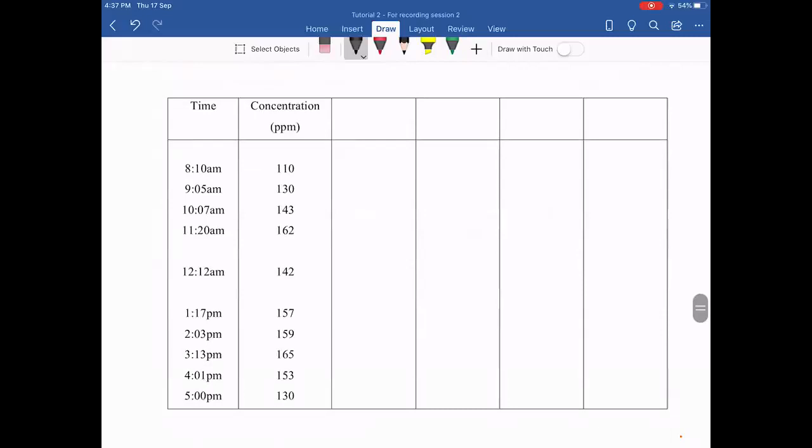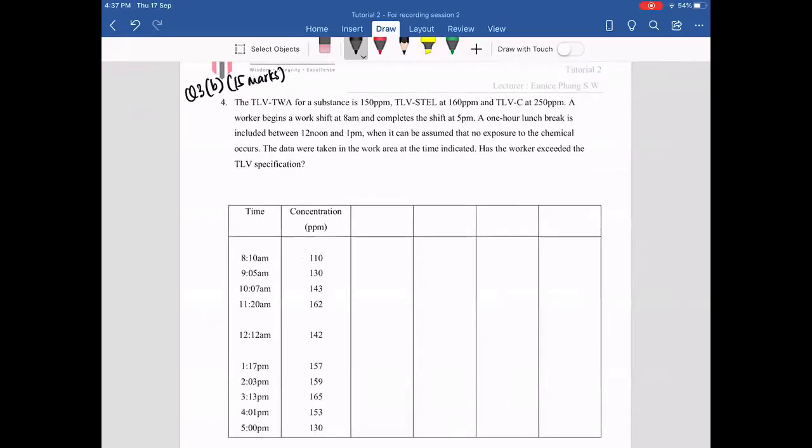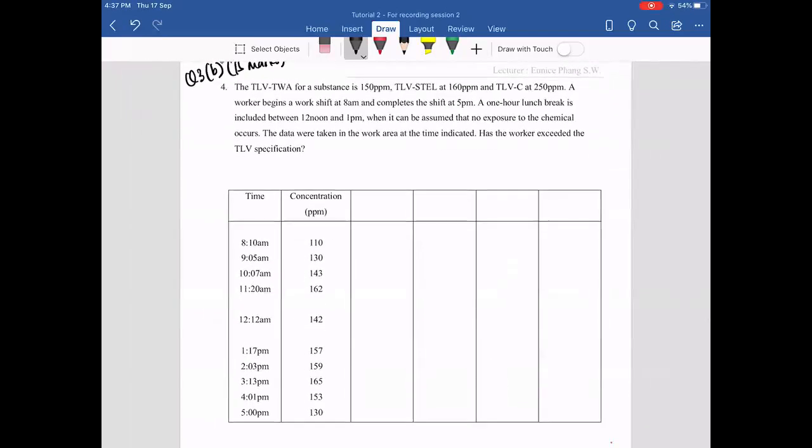These are the environmental concentrations of certain chemicals, with timestamps. You tell me if your operators work in there for 8 hours, are they being overexposed with this set of data? So there's a lot of calculation. Your TLV TWA is given, it is 150 ppm.